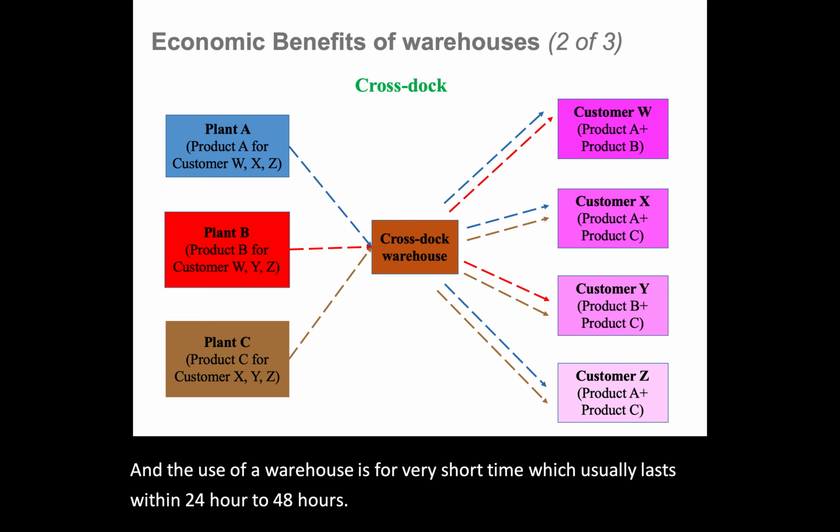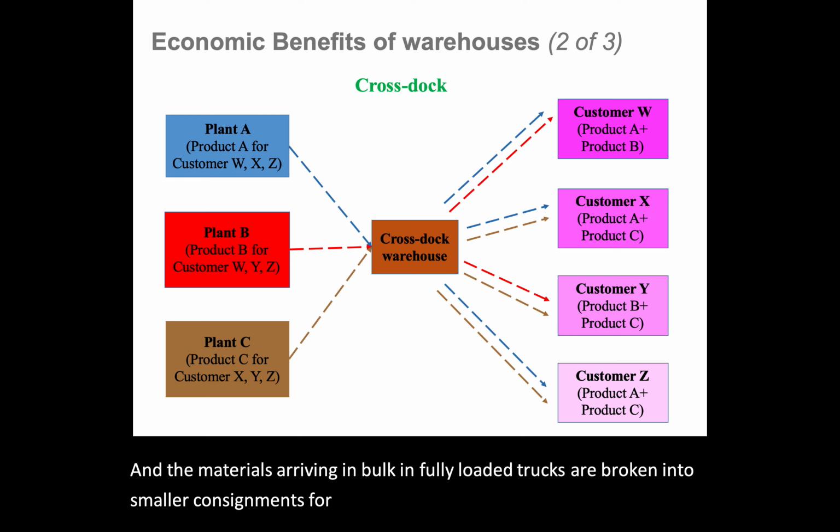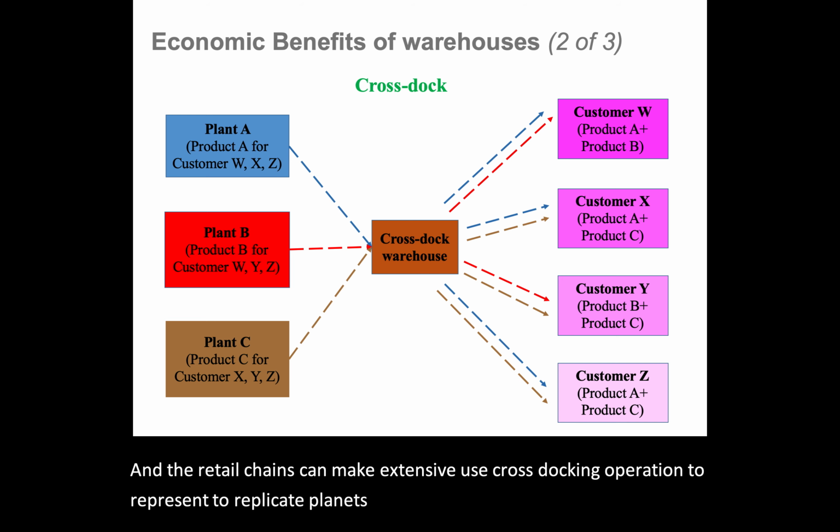The materials arriving in bulk in fully loaded trucks are broken into smaller consignments for further dispatch to the customer. And retail chains can make extensive use of cross-docking operations to replenish fast-moving store inventory.